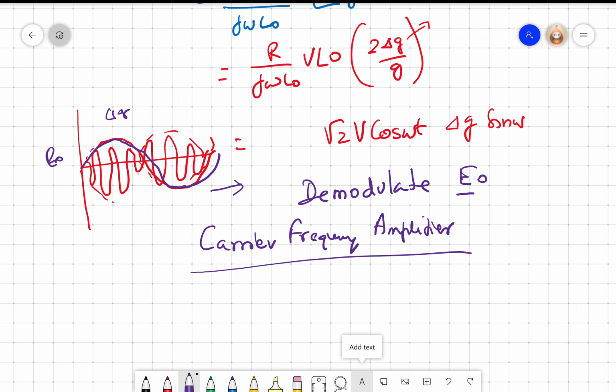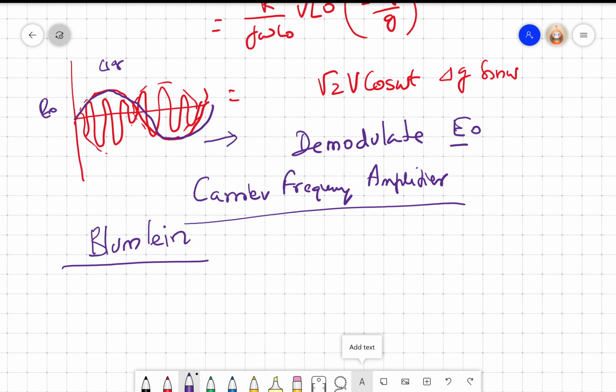We can also use another bridge called the Blumlein bridge. It's more popular with capacitive sensors, so when we discuss capacitive sensors, I will talk about the Blumlein bridge. If you look at any textbook on transducers, you will also see myriads of other types of inductive sensors.